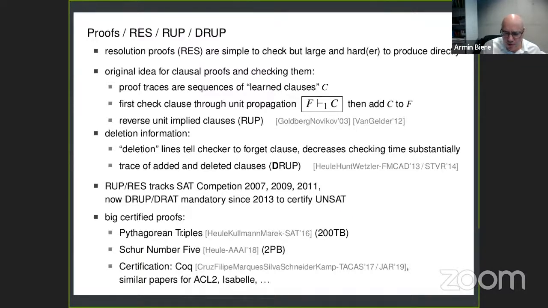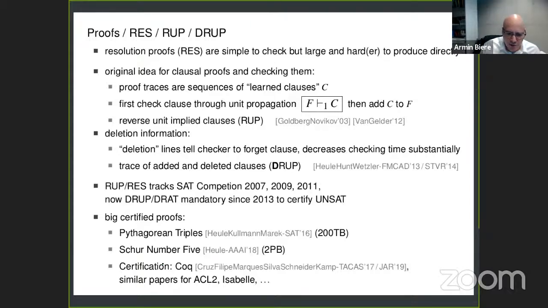So this Schur number 5 is really checked by, I put it this way, as correct as you can get it in this world, because we have a higher order proof checker which has a trusted kernel. And that's probably more trusted than mathematical proofs on paper.